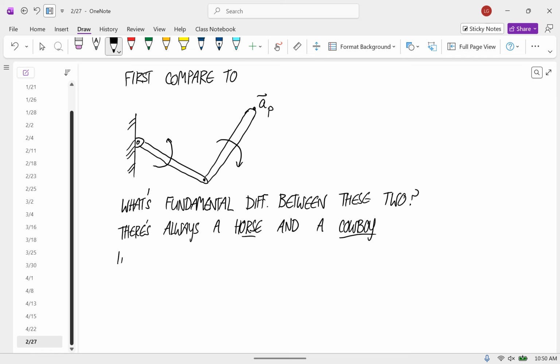In the second example, the motion of the horse doesn't affect the axis of rotation of the cowboy.